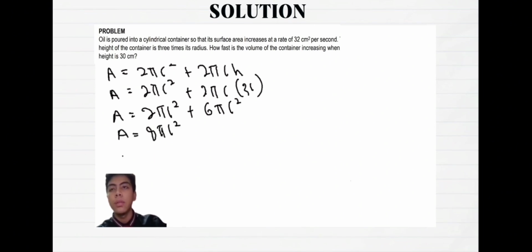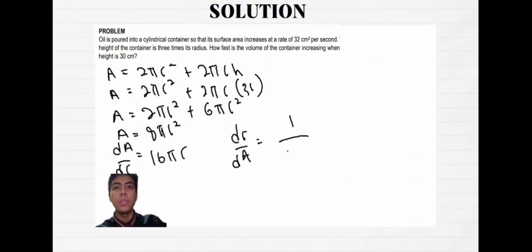To get dA/dr, we differentiate this equation. Then we get dA/dr equals 16 pi r. We want dr/dA, so we can write it as dr/dA equals 1 over 16 pi r.